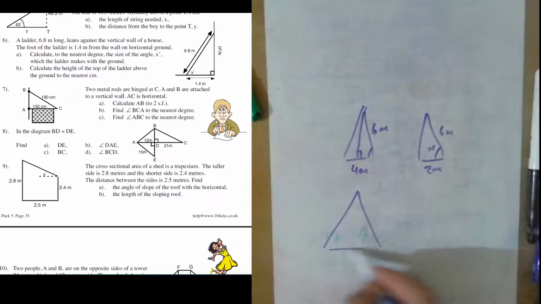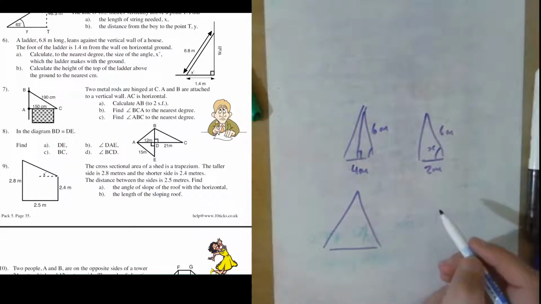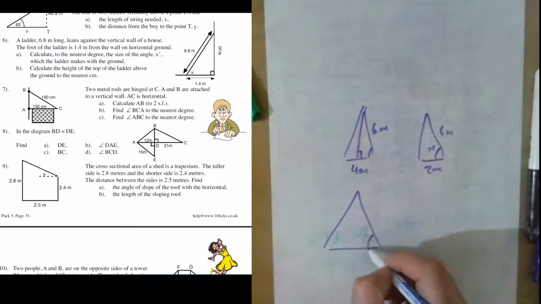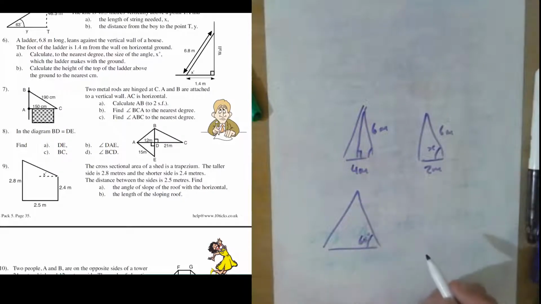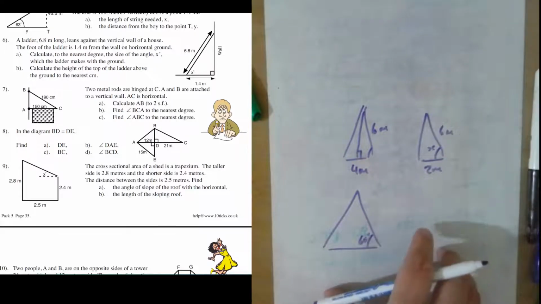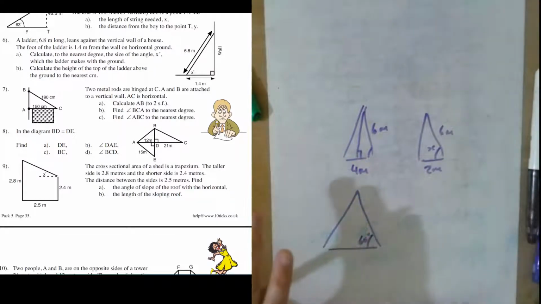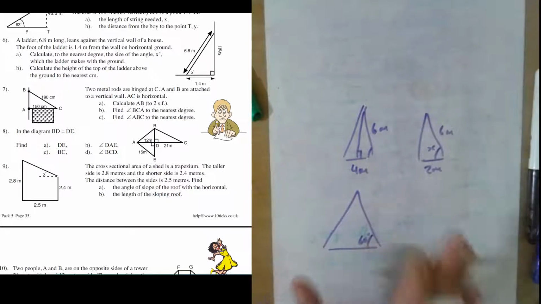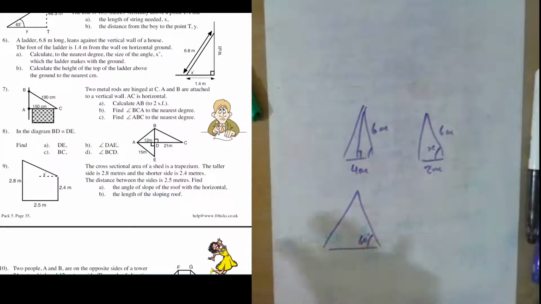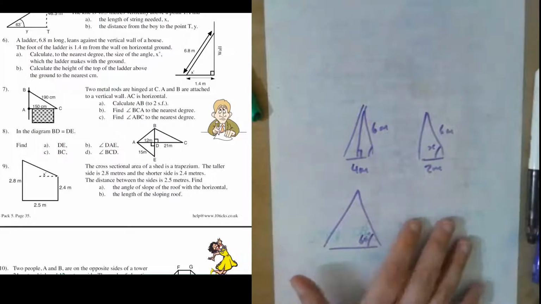Or say if they gave you an equilateral triangle and they told you to do something, you should be aware that this is 60 degrees because it's an equilateral triangle. Okay, so you will be asked to use mathematical knowledge that you have learned previously in your previous years. So always be aware of that, especially when it comes to geometry. They are asking you to be aware of prior math knowledge and to be able to apply it.